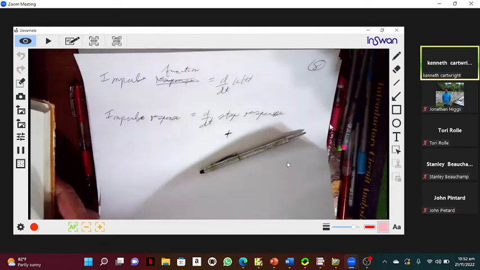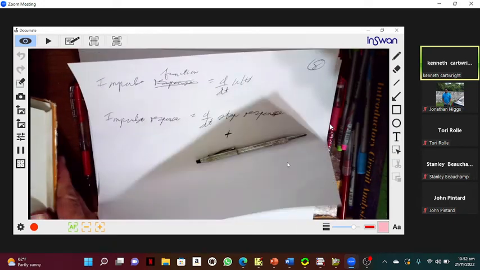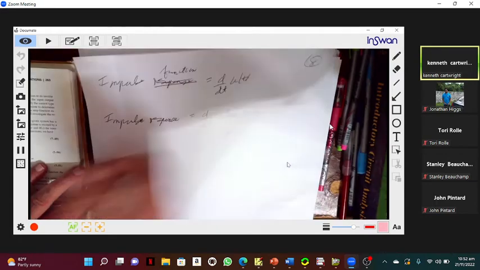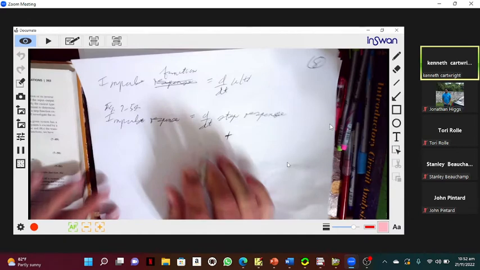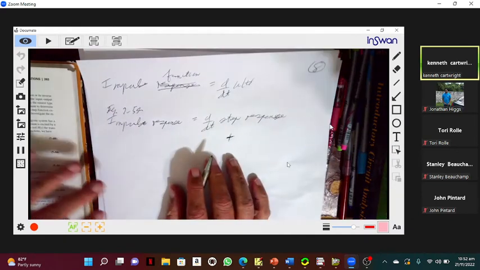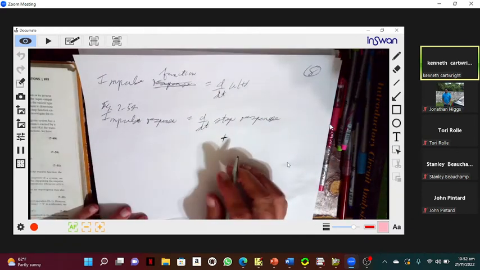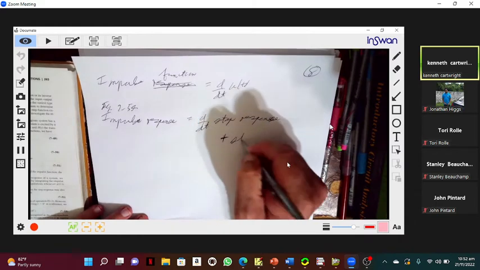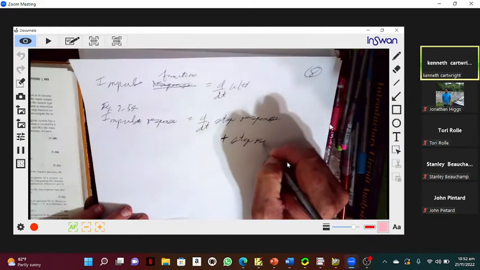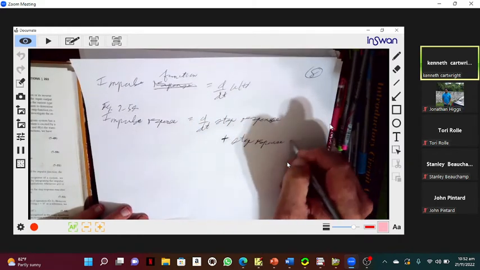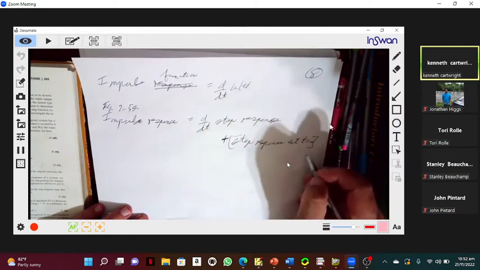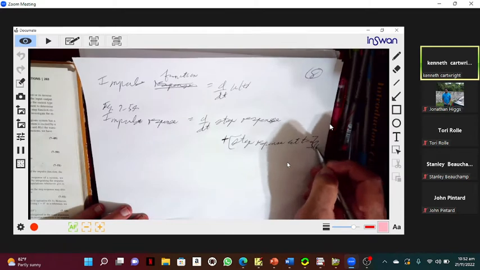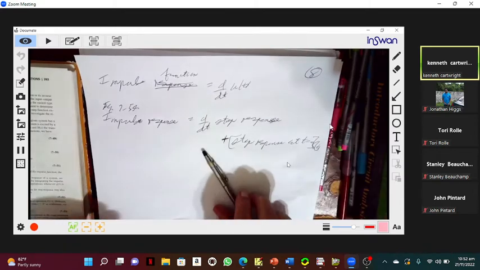You can see it looks strange. Plus step response at t equals 0 times delta of t.